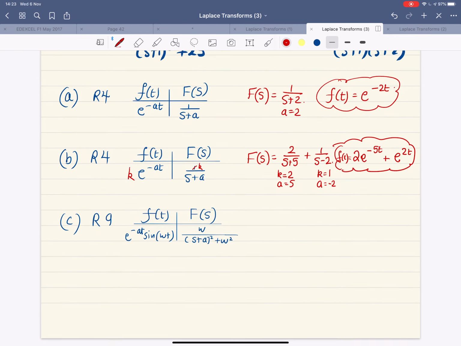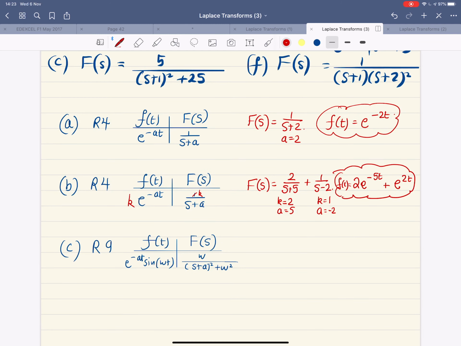So for C, f of s is 5 over s plus 1 squared plus 25. If you look down the table, on the right-hand side, you come across this one. Our omega is 5, omega squared is 25, and a is 1. So we can use this one.